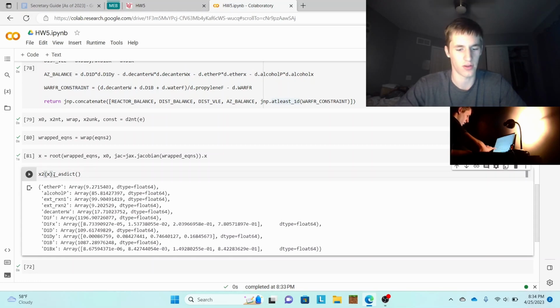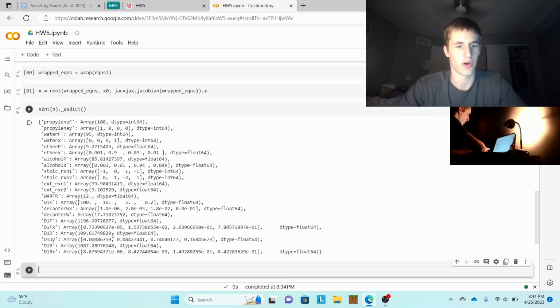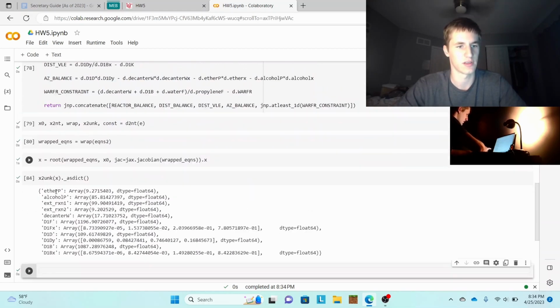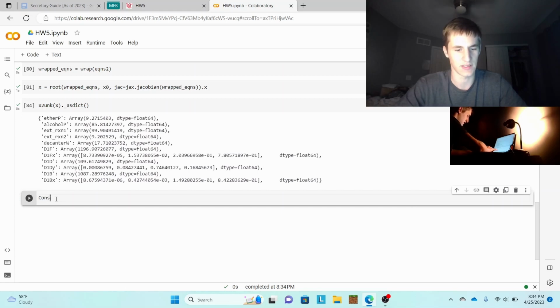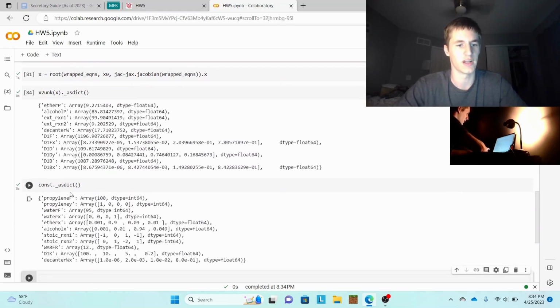You can look at all of our variables with X to named tuple, which shows all of them, and then X to unknown is just the unknowns. And if we have constant dot as dict, that shows all of our known variables.